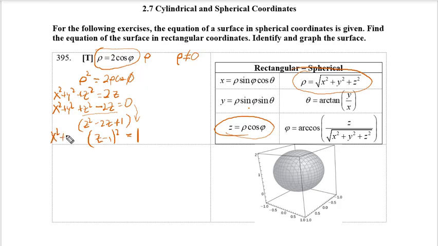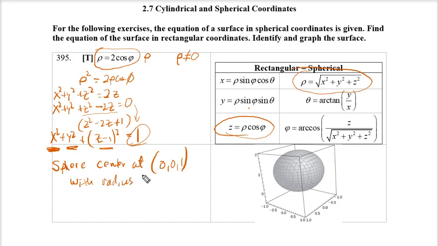So we have x squared plus y squared plus z minus 1 squared equals 1, which we can now see is a sphere with the center at 0, 0, 1, and it has a radius of 1. Now here's the picture of it down in the corner, which I already have loaded.